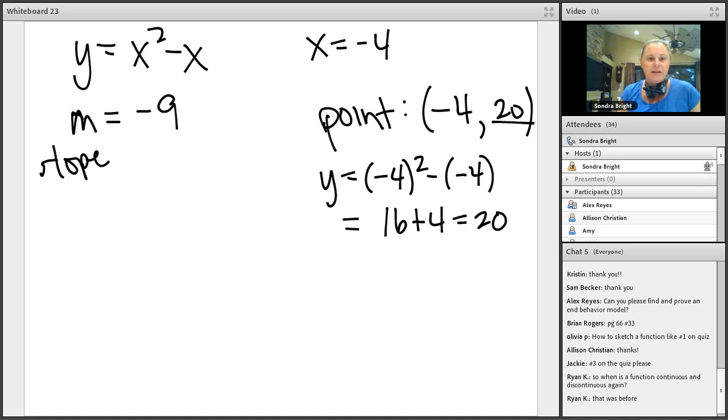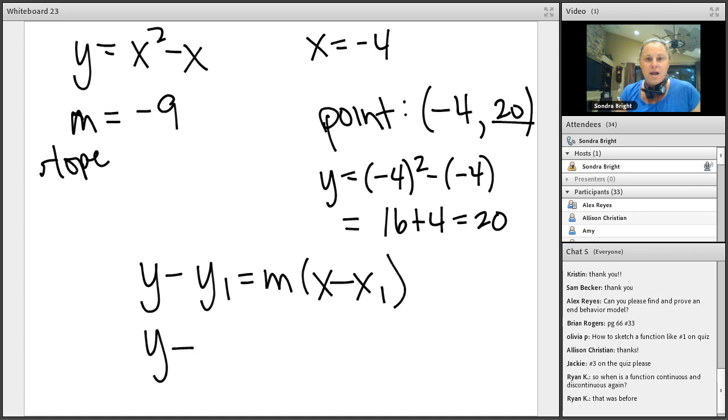Okay, so there's your point. Plug it into point slope form, which is y minus y1 equals m times x minus x1. So you get y minus 20 equals negative 9 times x minus negative 4.